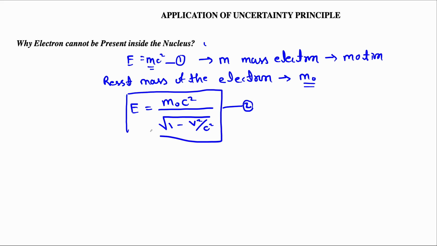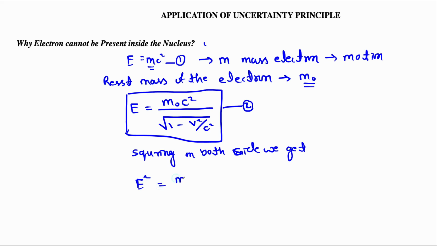Once we got this equation, then squaring on both sides, we get E square is equal to m naught square c raised to 4 divided by 1 minus v square by c square.